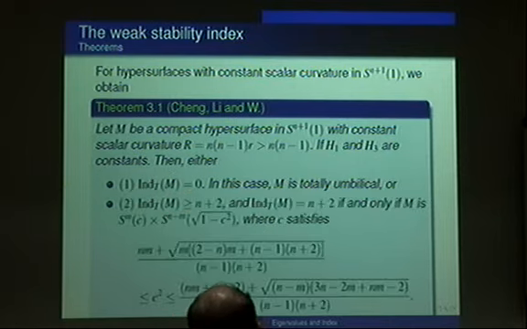Otherwise the weak stability index is not less than n plus 2, and if equality holds, if and only if M is a Clifford hypersurface. So this is the first result.